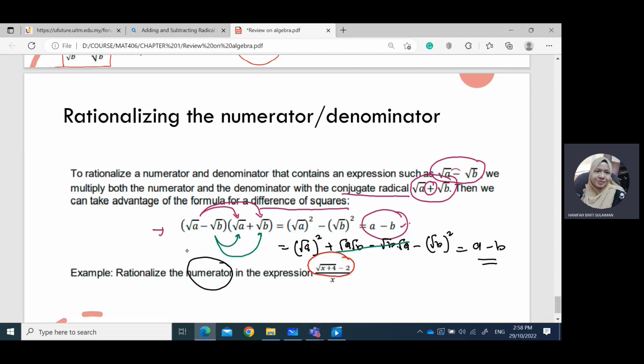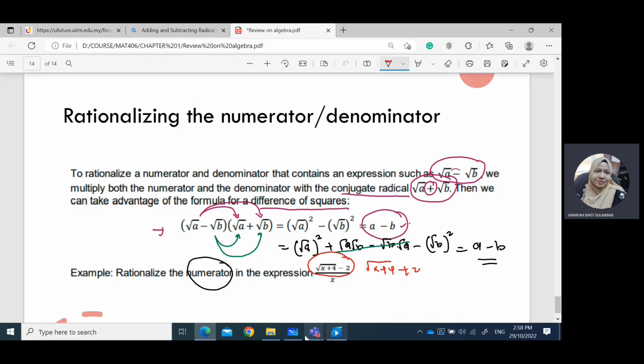Okay, so in order to rationalize the numerator, we need to multiply with the conjugate radical. So the conjugate radical involved in this expression is square root of x plus 4 plus 2. Okay, so conjugate ni yang kita akan gunakan untuk rationalize the numerator. Okay, so now look at this example.